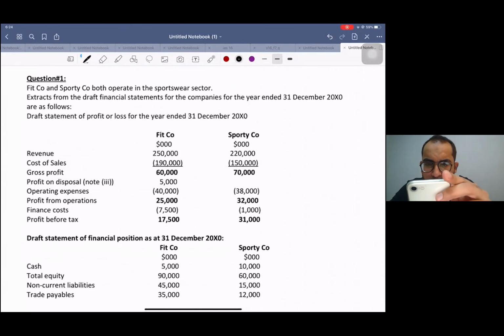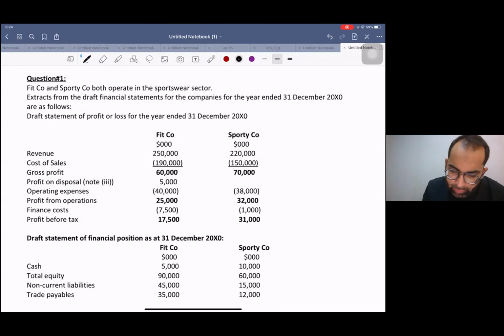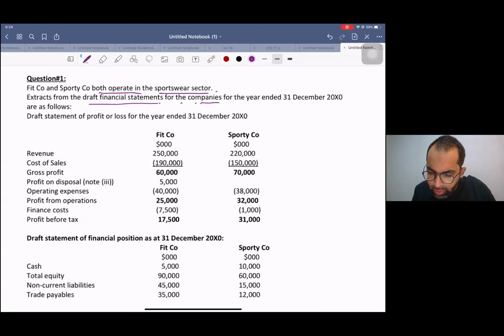Now, Fit company and Sporty company both operate in the sportswear sector. They're dealing with sports products. Extract from the draft financial statements for the companies for the year ended 31st December X0 are as follows.